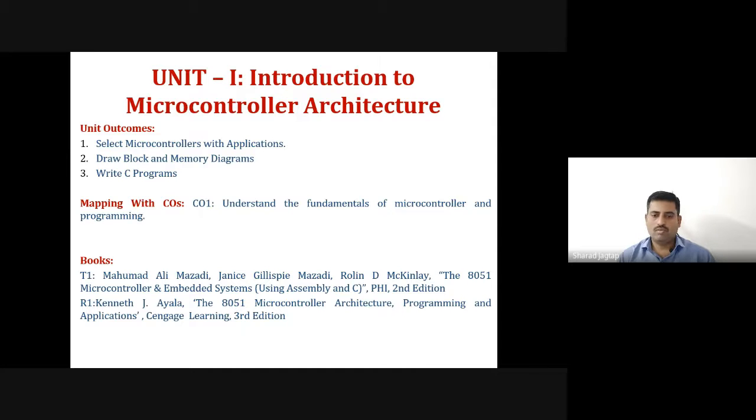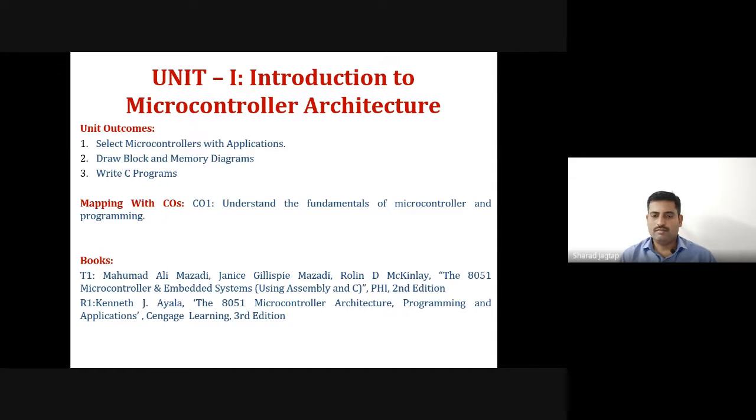Then draw block and memory diagrams. They know about the internal connections, the different blocks, as well as the memory diagrams like RAM or ROM. And write C programs. After studying this first unit, all students are able to write C programs for different interfacings.